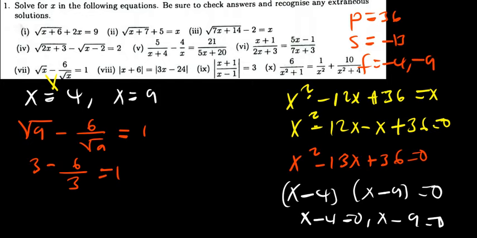So we'll have 3 minus 2, that is going to give me 1. Indeed, 3 minus 2 is 1. 1 is equal to 1. So the only solution in this case is just x is equal to 9. As simple as that.